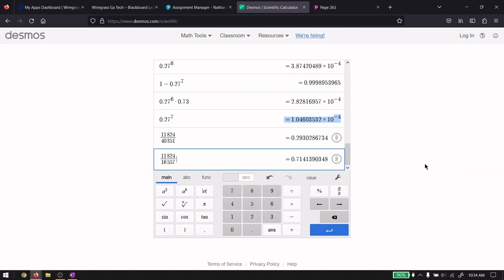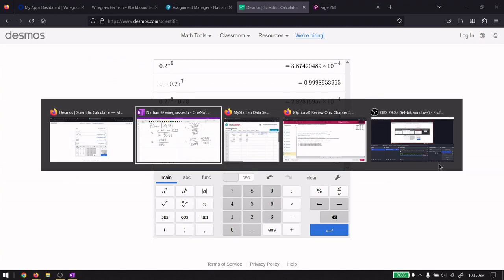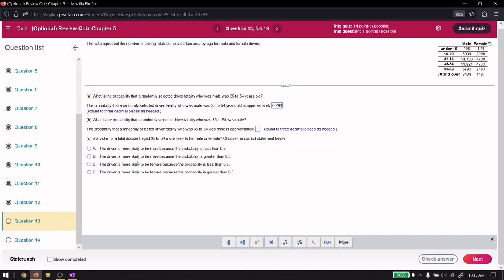And we get 0.714. Is a victim of a fatal accident age 35 to 54 more likely to be male or female?